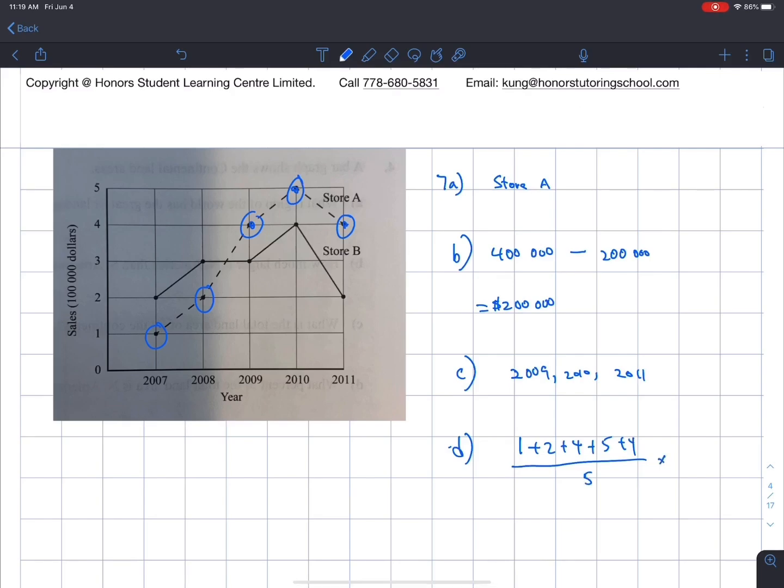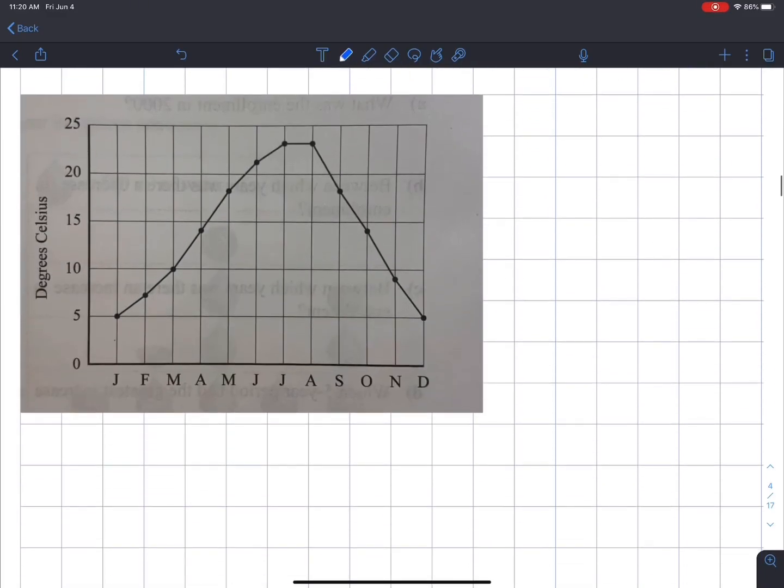And then I just need to put whatever I have here in hundreds of thousands. So we have 320,000 per year. Okay, that's question 7. Question 8.